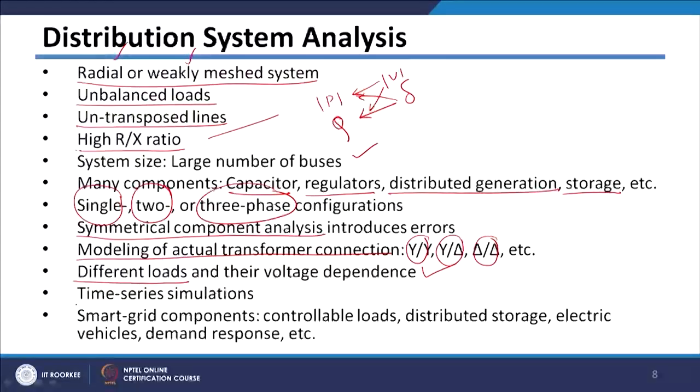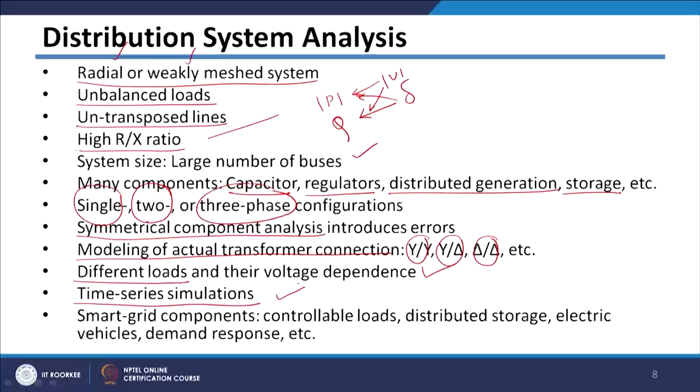Distribution system analysis will need time series simulations. So, we need to calculate the load flow solution at different time steps, which is called time series simulations. Also, nowadays many smart grid components are coming into the picture, and these will make your distribution system analysis a little bit complicated.